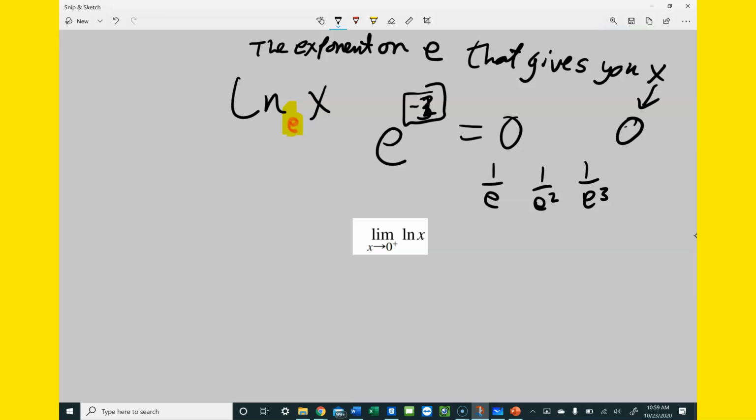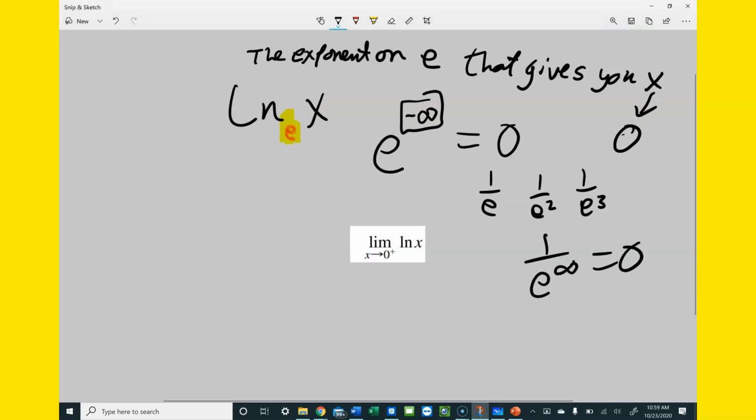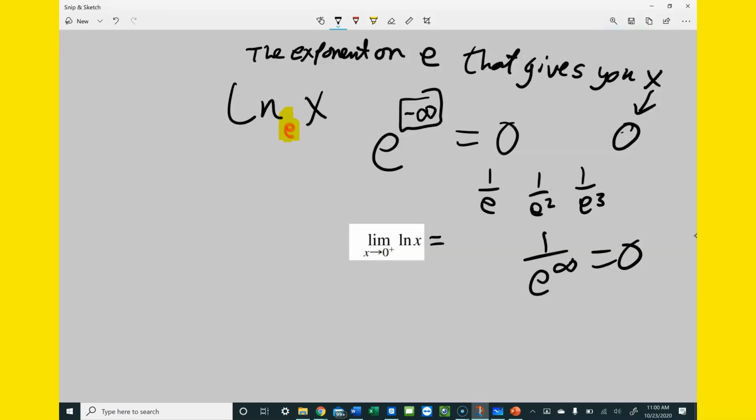So we're getting smaller, right? So then what should I put right here to make it get as small as you can possibly imagine? Well, the smallest would be negative infinity. It would be 1 over e to the infinity, which would be 0. All right, so the limit of this as x approaches 0 is negative infinity.